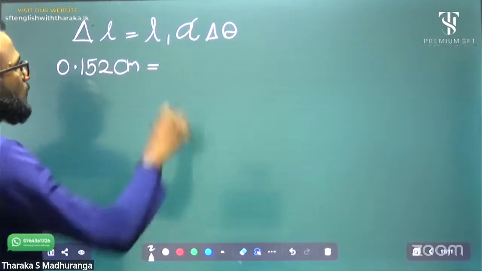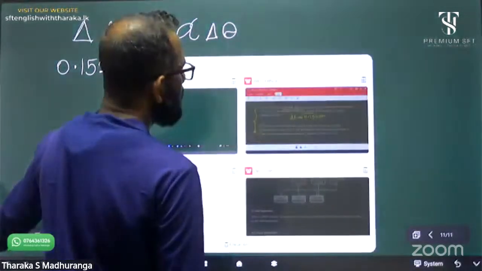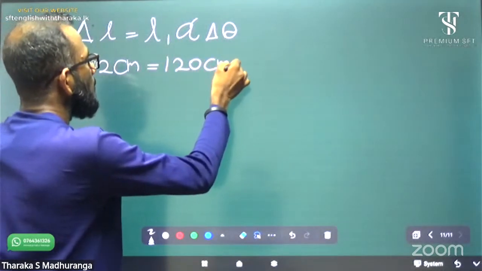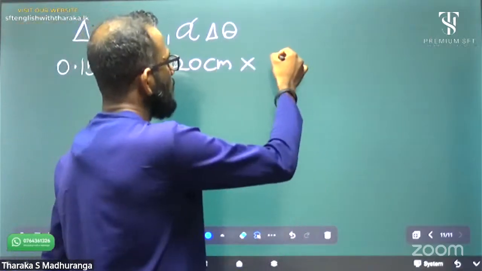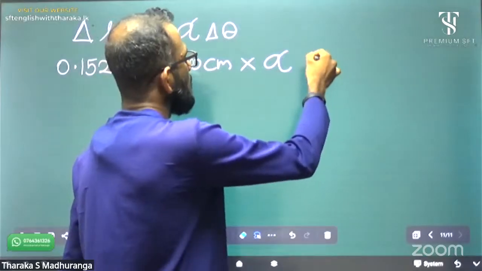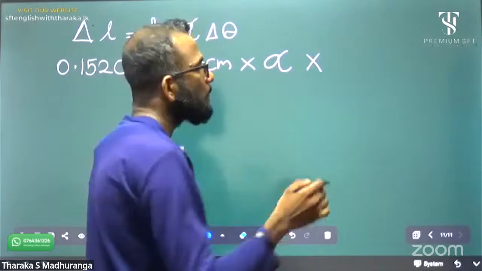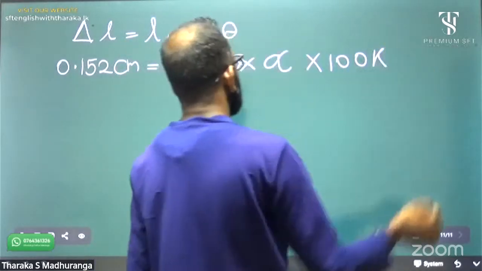0.152 centimeter is the delta L, equal to L1, 120 centimeters, alpha is asked, delta theta 0 to 100, temperature difference 100 Kelvin.